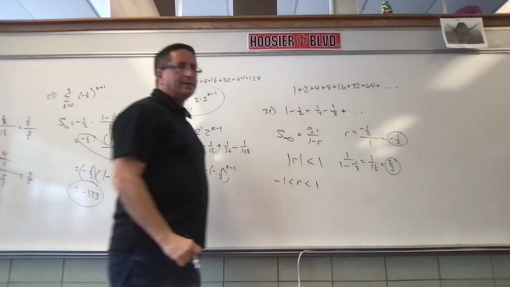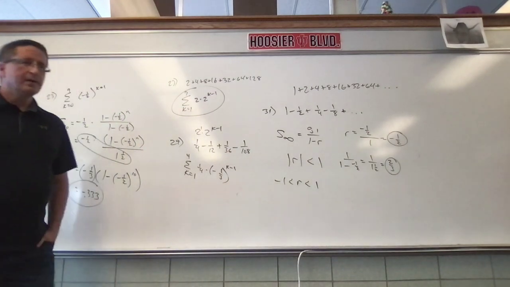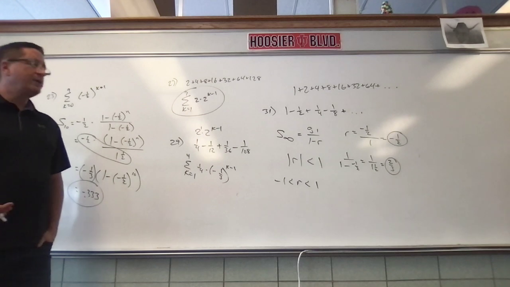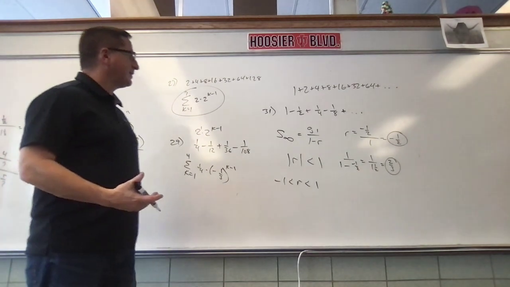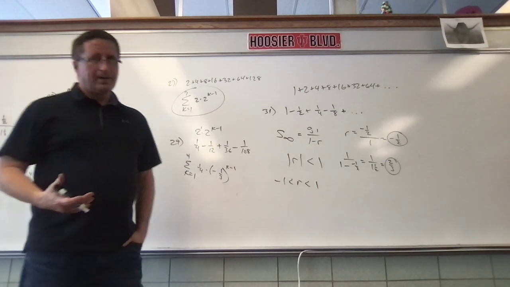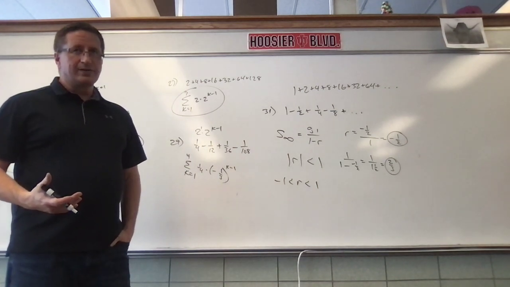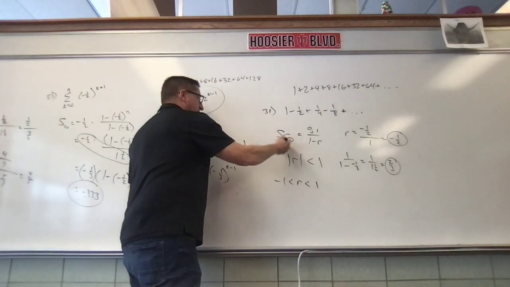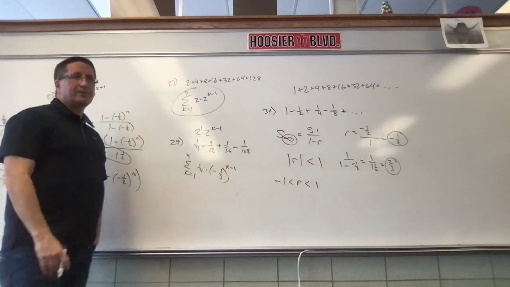So if you start with 1 and you keep multiplying by negative a half, you're going to eventually get 2/3. This is where it gets really wiggy. You get 2/3 if you add up an infinite number of numbers.